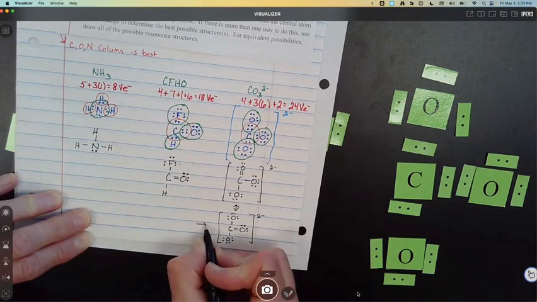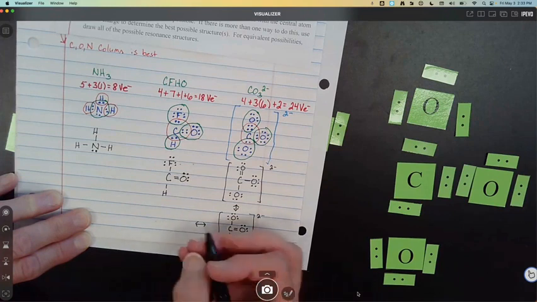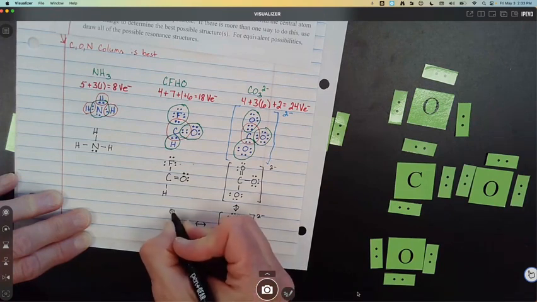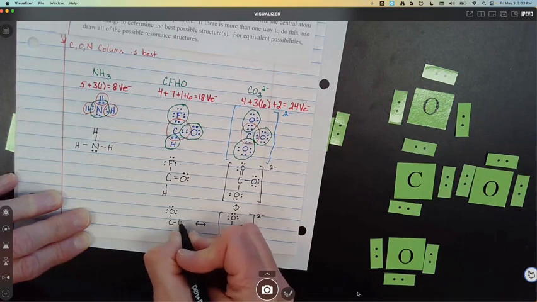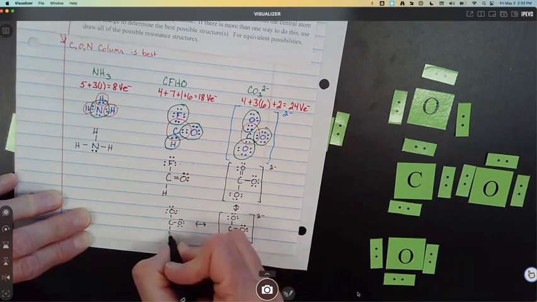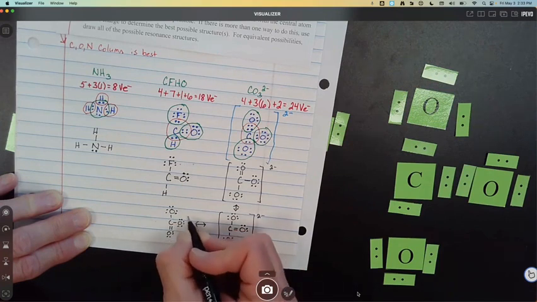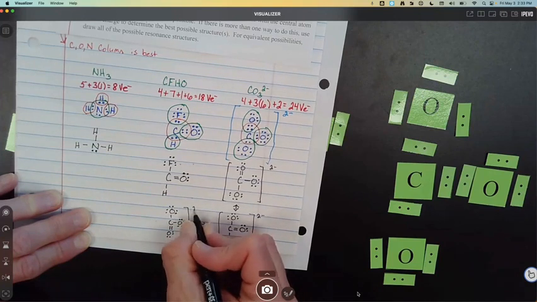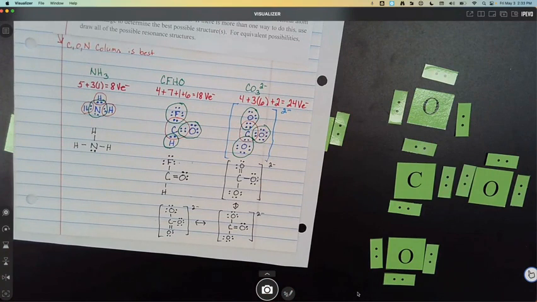Or, we'll go this way with it, we could have done it to the bottom oxygen. I didn't make the rule.